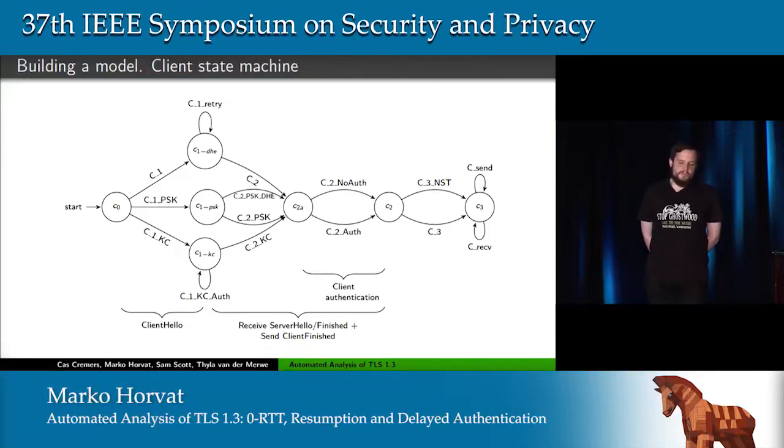One is the Diffie-Hellman ephemeral mode, where a Diffie-Hellman ephemeral secret is used for forward secrecy. And the pure PSK mode is used if forward secrecy is not an issue, and it actually features even less computation than the PSK DHE handshake.